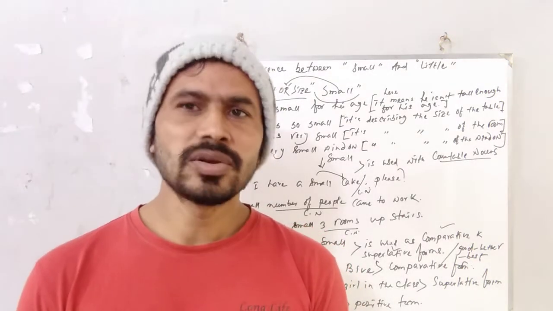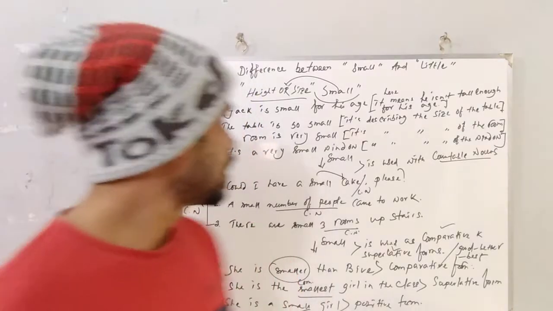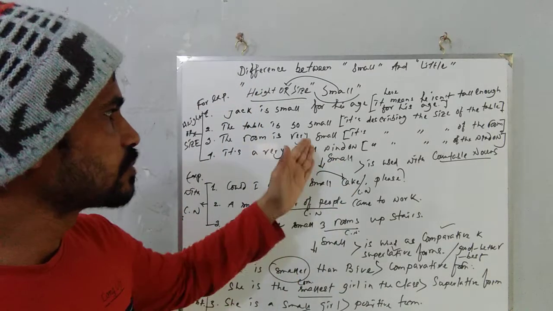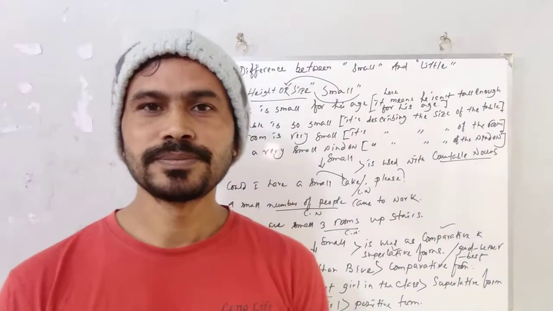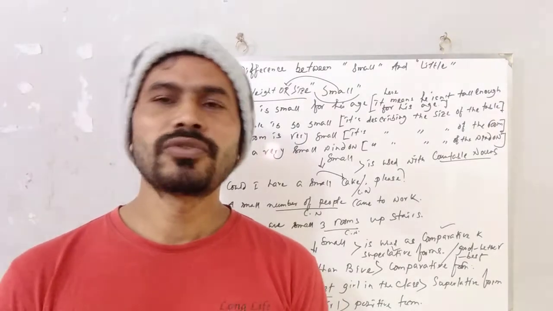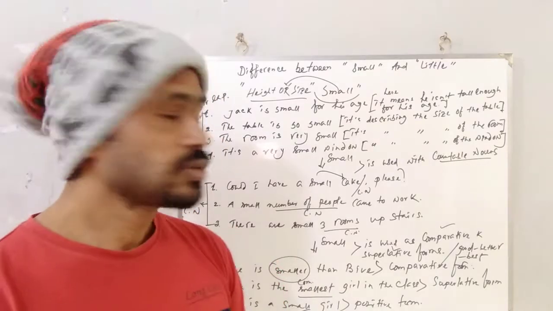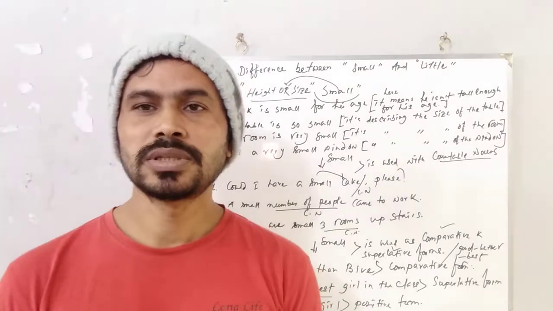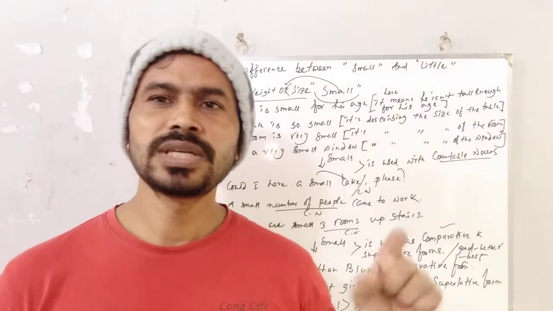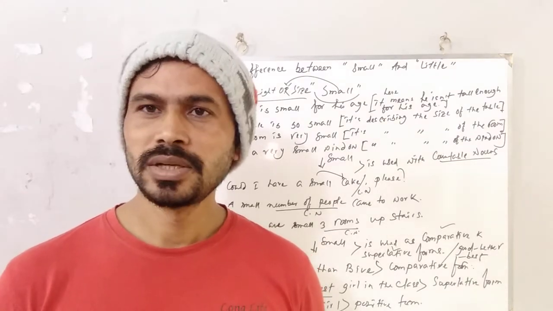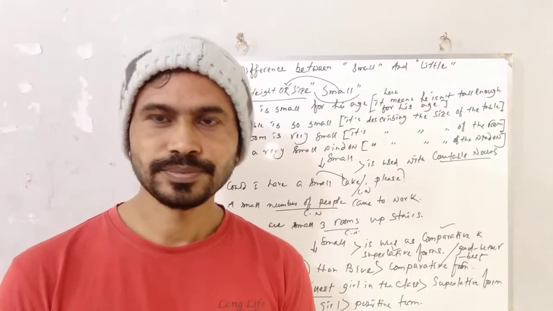In another concept, we can use small with countable nouns. First of all, we should know about countable nouns. Countable nouns are nouns that we can count.